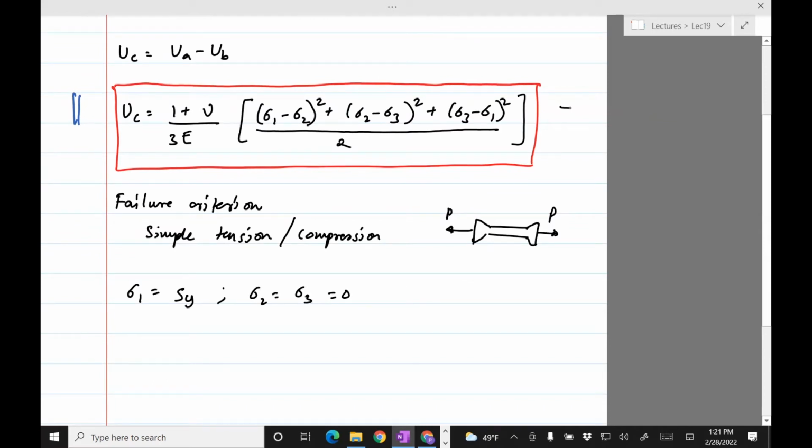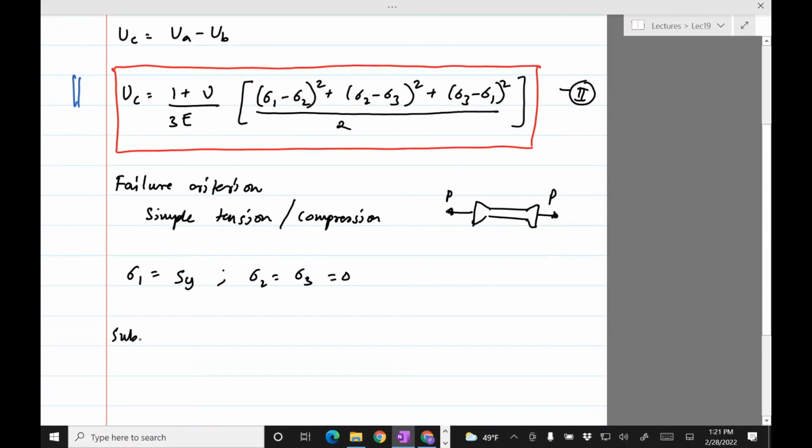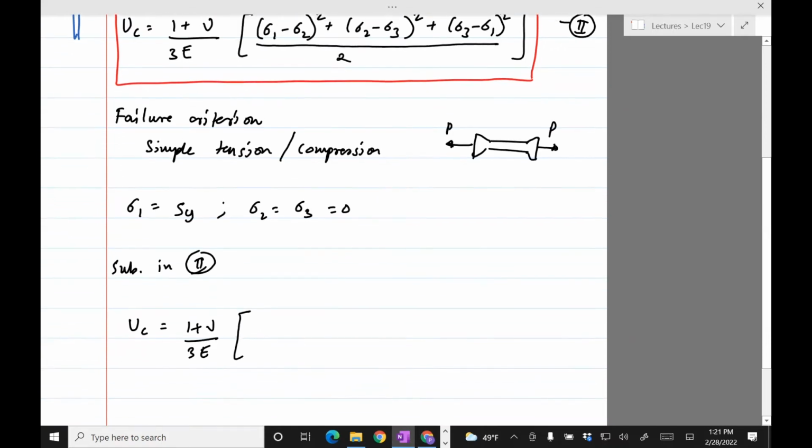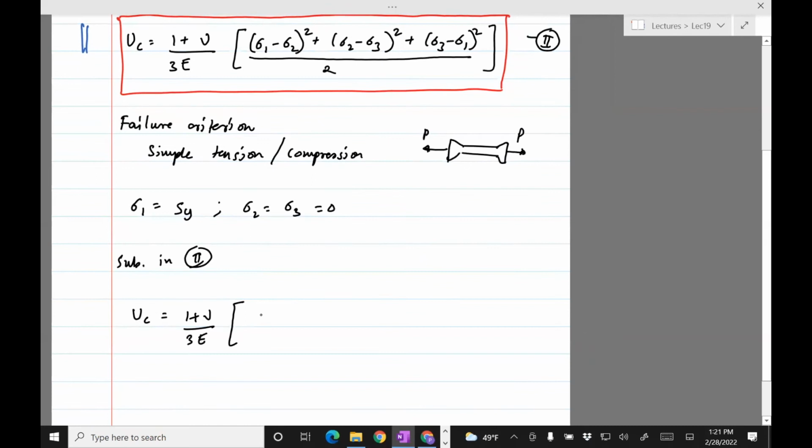If you call this number 2, we just substitute in 2. UC equals (1 plus nu) divided by 3E, so we'll have Sy squared plus 0 plus Sy squared, divided by 2.